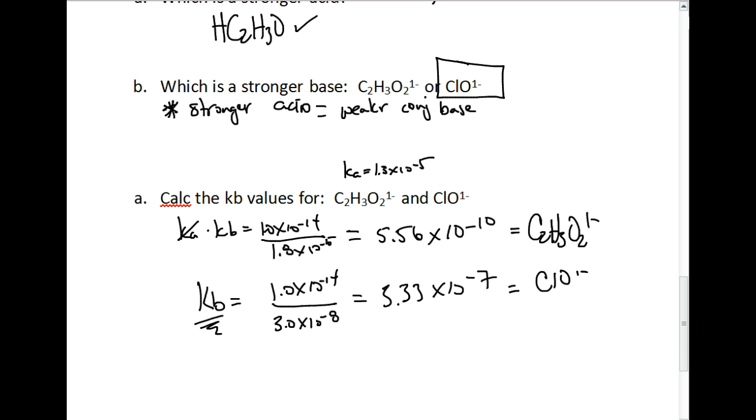So looking at this, we can see that the larger of the two is the Kb value of 10 to the negative 7th because it's larger than 10 to the negative 10th. So the stronger base was the hypochlorite, which we predicted up here because stronger acids give off weaker conjugate bases.